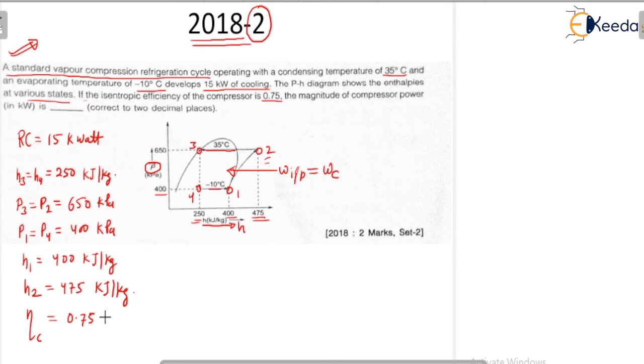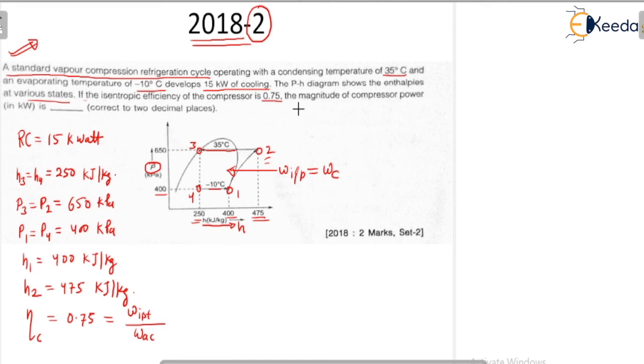As per this isentropic efficiency of the compressor, you can write the formula: work isentropic upon work actual. You can easily write this equation.